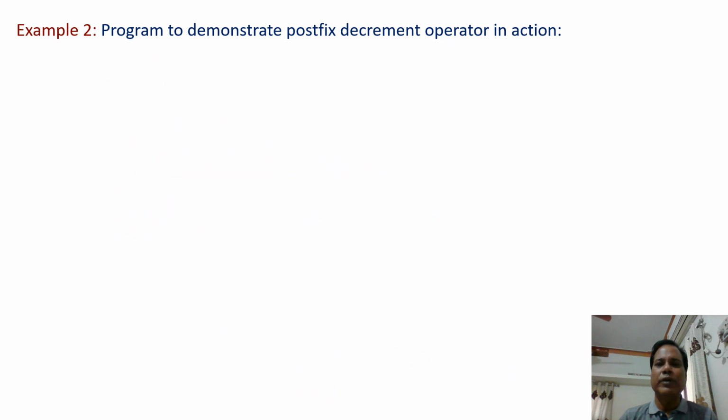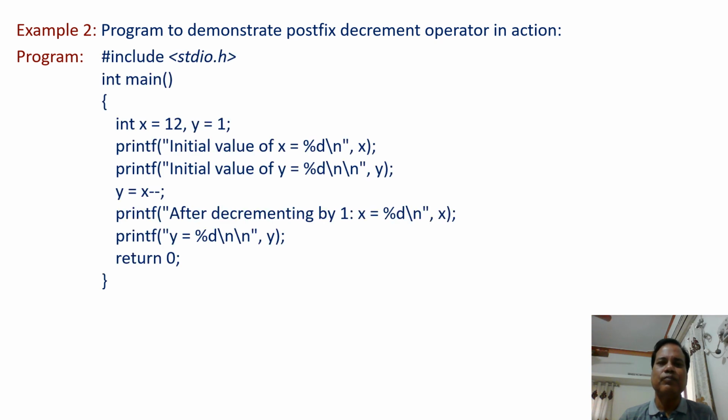Now, if we take another example, in this example, a program to demonstrate the postfix decrement operator in action. So, instead of the increment operator, here we are talking about the decrement operator. Again in this program, the initial value of x is set as 12 and y is set as 1.